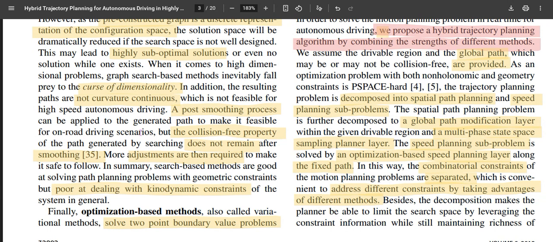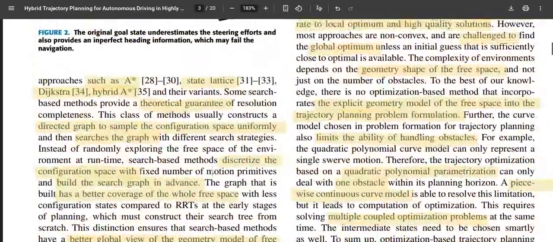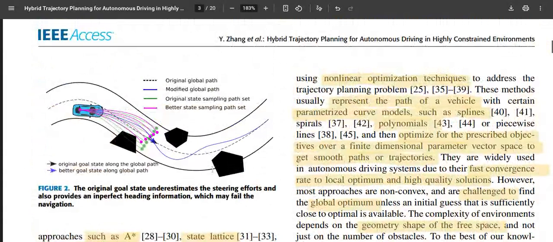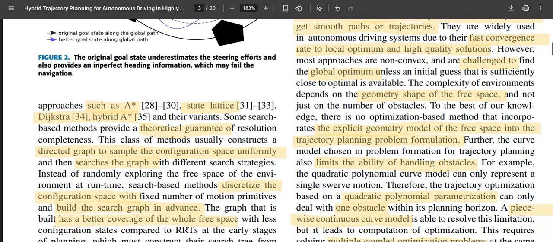The last one is the optimization-based method. Again, this is related to the state sampling methods. We are going to solve a two-point boundary value problem, but unlike that one, here they parameterize the curve that has to be the best path, and a single path is generated by solving the nonlinear optimization problem, and those parameterized values are helpful to generate the final optimized value directly.